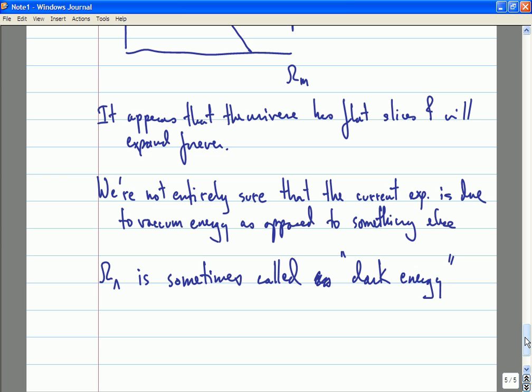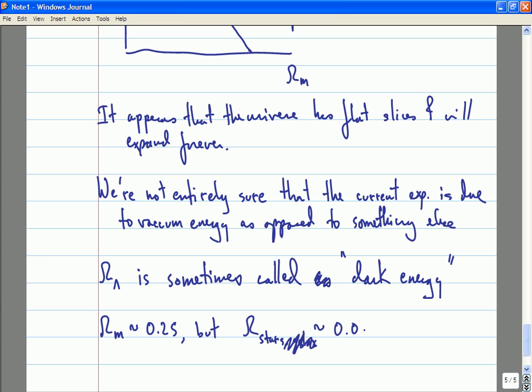A second mystery, and something that you may have also heard about, is that omega matter, as we measure using these supernova and other sorts of observations, is about 0.25. But if you take the matter density of all of the stuff that we can see, such as stars, galaxies, etc., then that's only about 0.05.